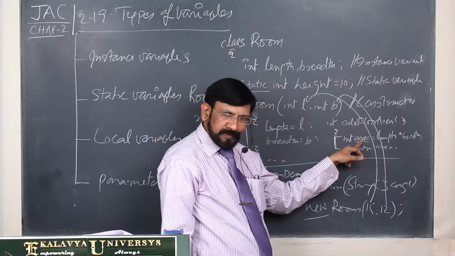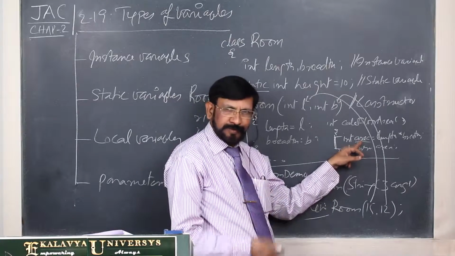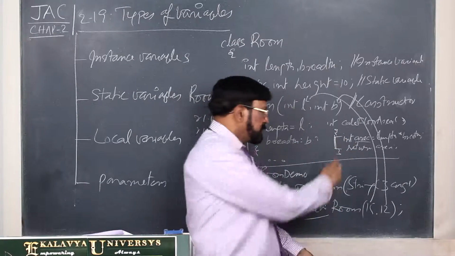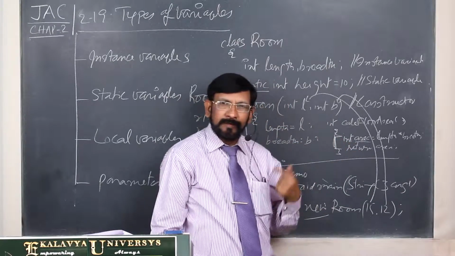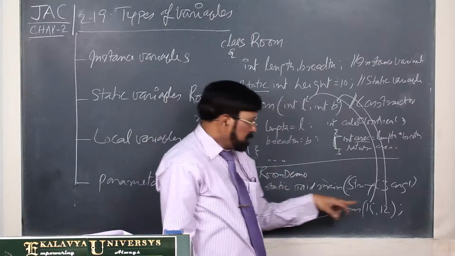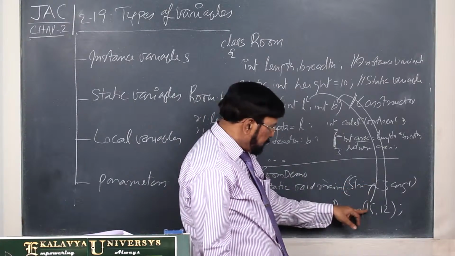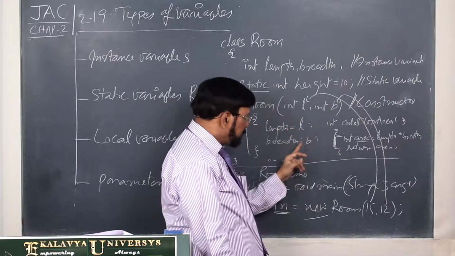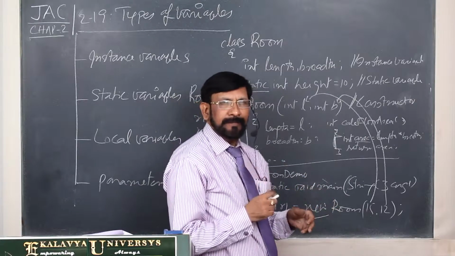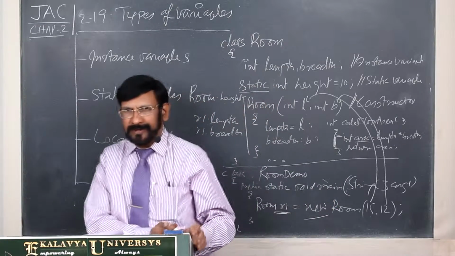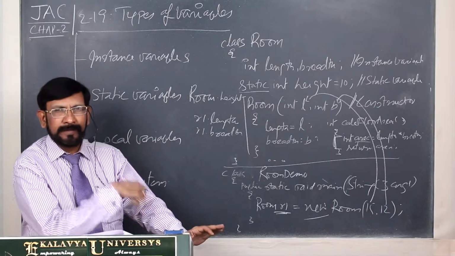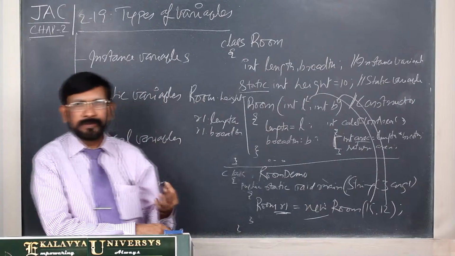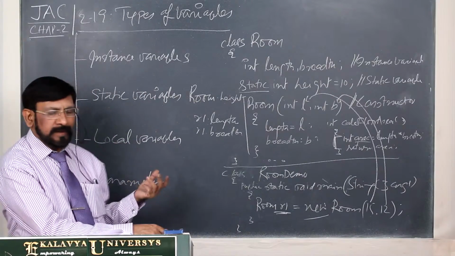Whenever control comes to this for execution, it gets life. Whenever the method returns, it dies. This is its lifespan. What about parameters? Whenever they receive a value, they get life. Whenever that method returns, they die. So these are the differences you have to understand between instance variables, static variables, local variables, and the parameters.